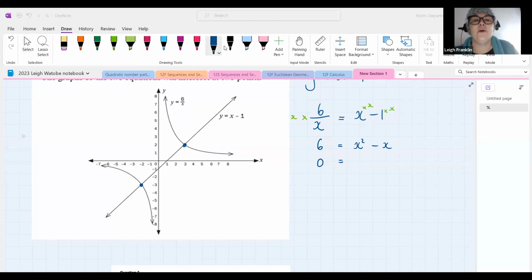Lovely, Awam. Standard form. So x squared minus x, bring the 6 over from the other side. Once we've got it into standard form, my next step is going to be to solve for x.